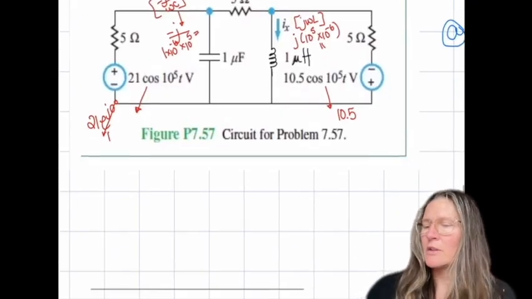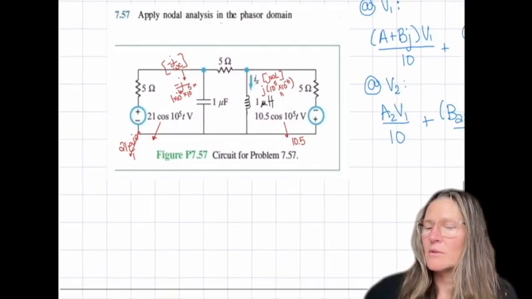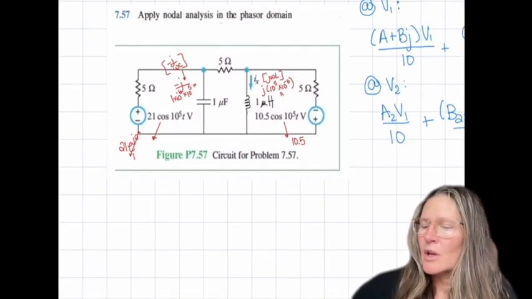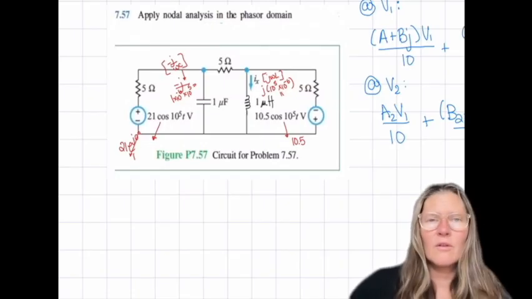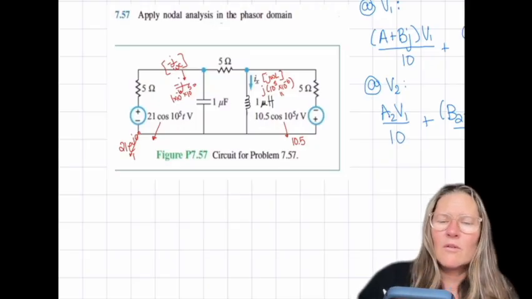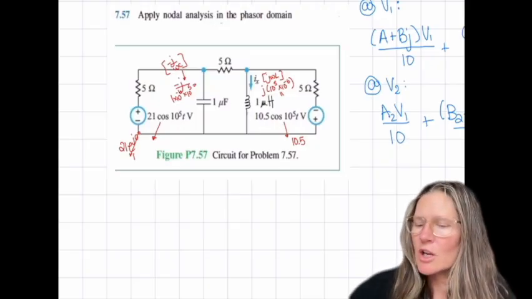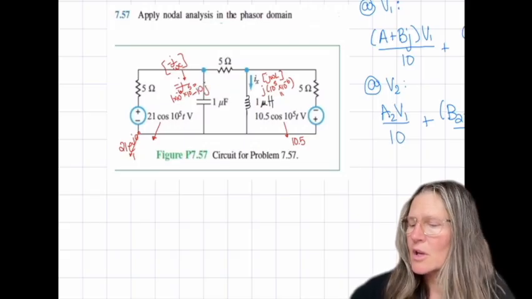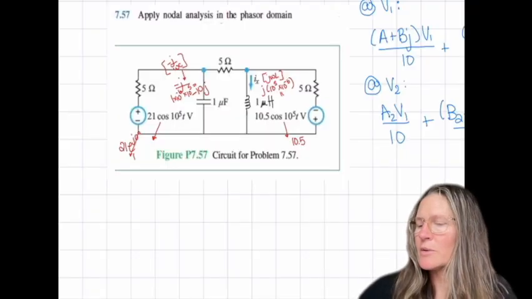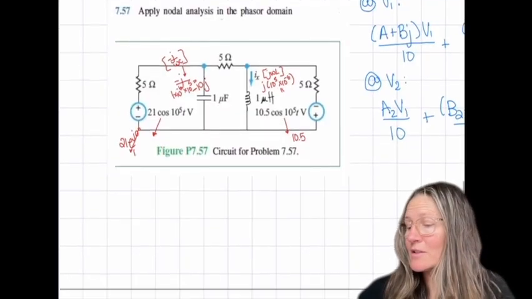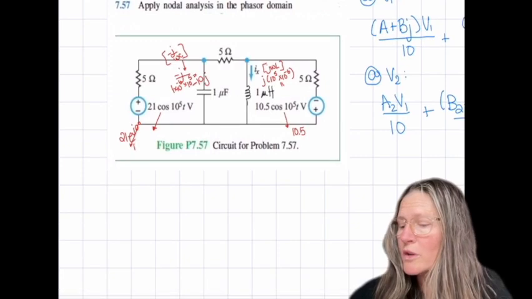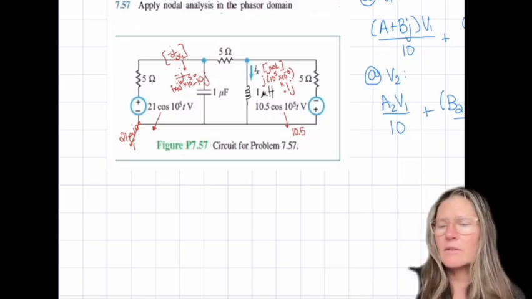That gives a value of minus 10j for the capacitor, and then 10 to the 5th times 10 to the minus 6th is 0.1, so 0.1j, and that's a plus.